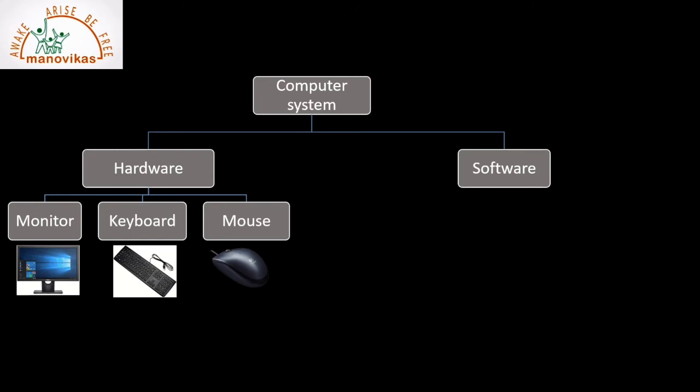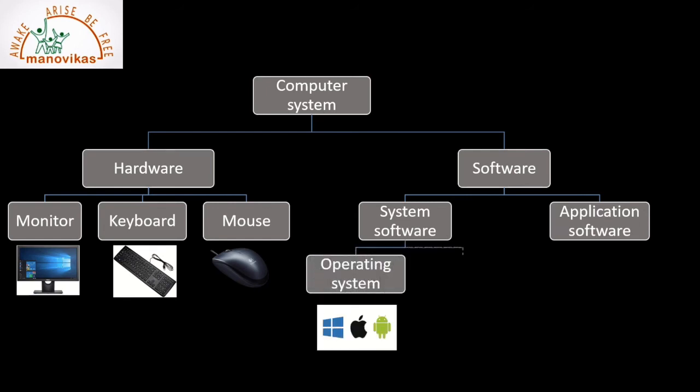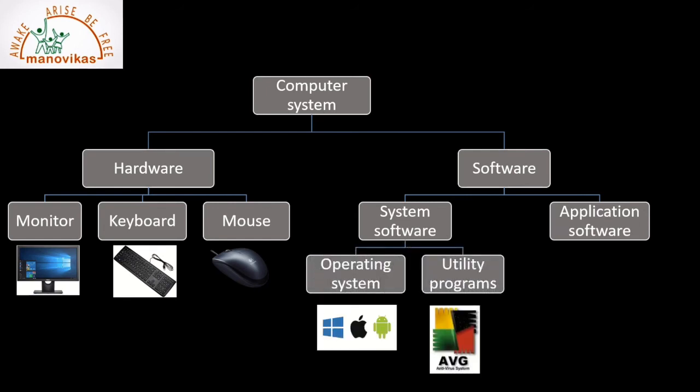Software includes system software and application software. A system software consists of operating system and utility programs. Operating system is the main software of the computer.